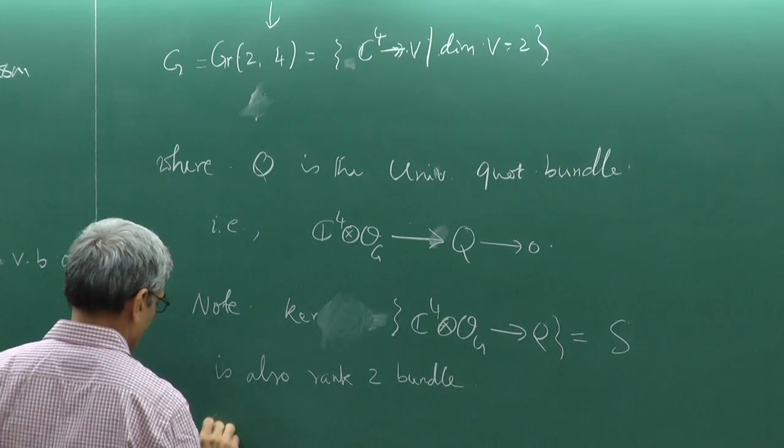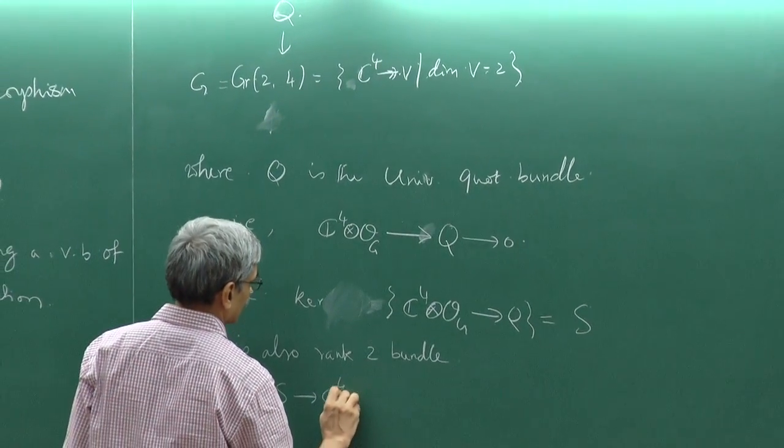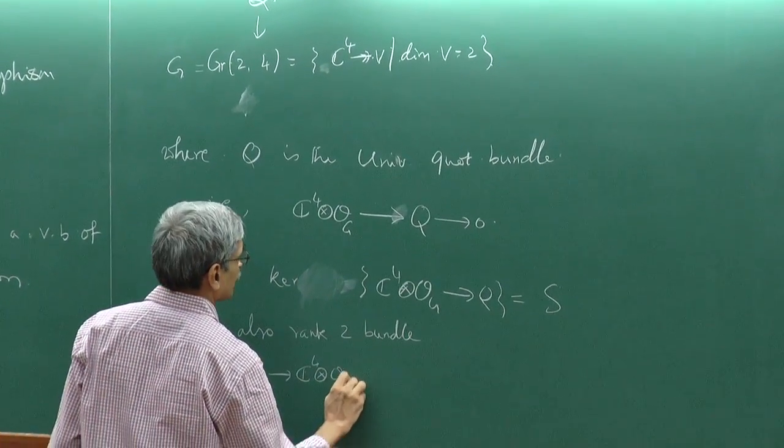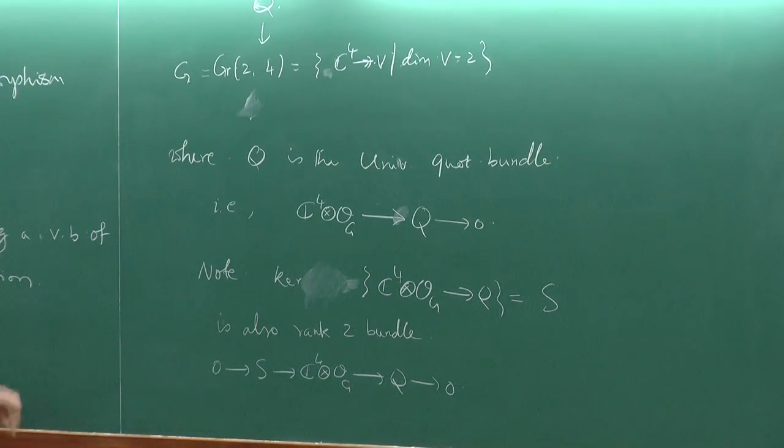Hence we have an exact sequence 0 to S to C4 tensor O_G to Q to 0.